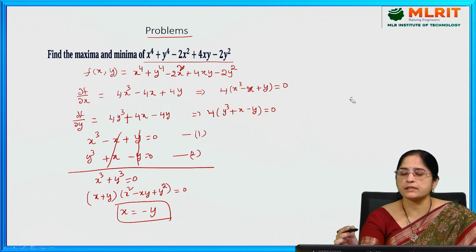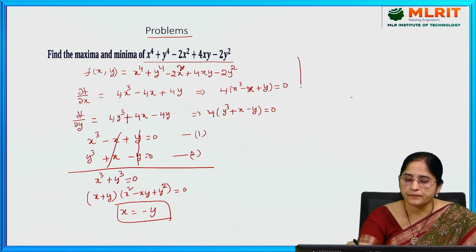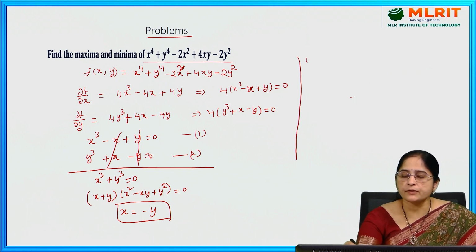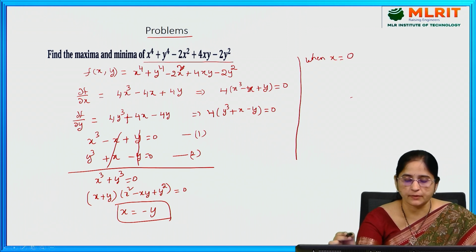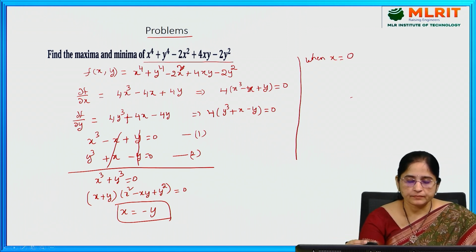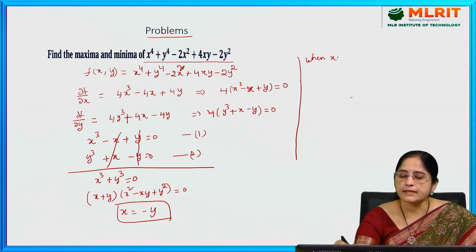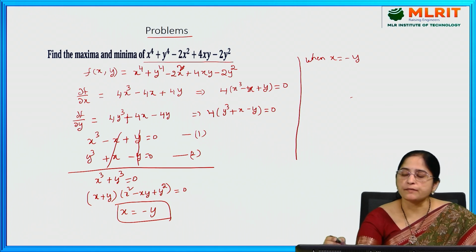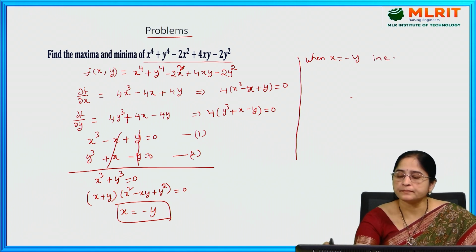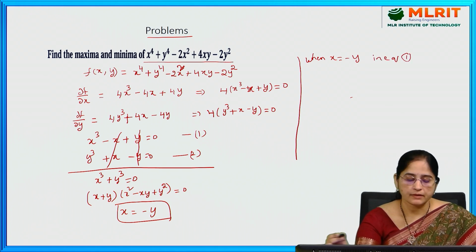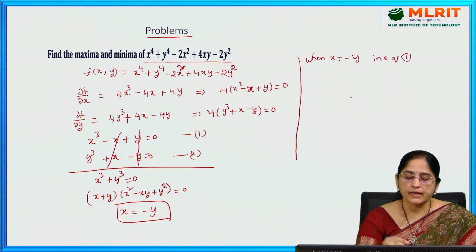Next, find out the stationary points. When x equal to minus y, in equation 1, what are we getting in place of x cube?